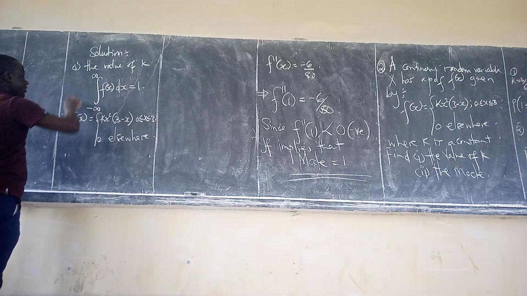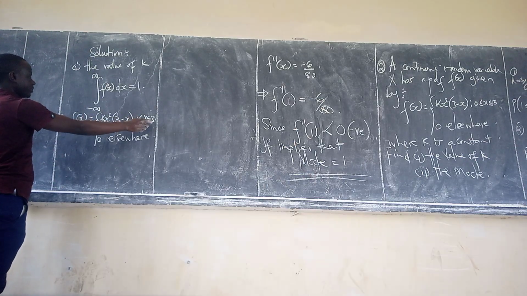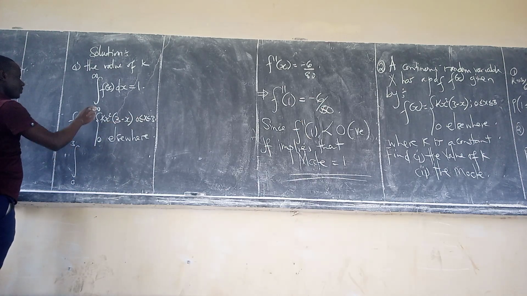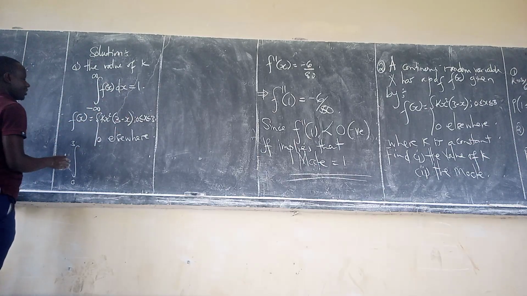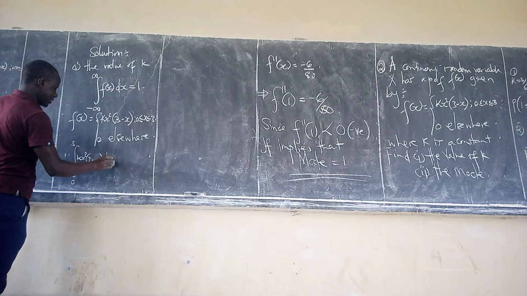So we go to this, where there is negative infinity we are going to put a 0, and where there is positive infinity we are putting a 3. So we shall have the integral from 0 to 3 of kx squared into 3 minus x dx.